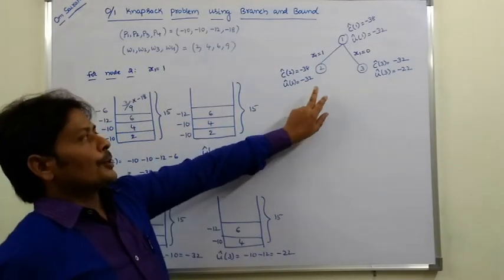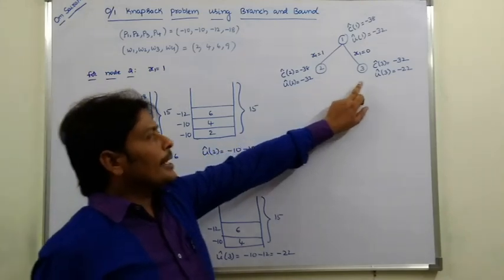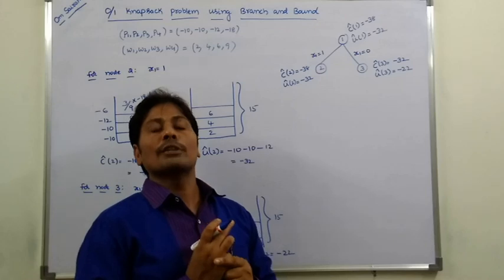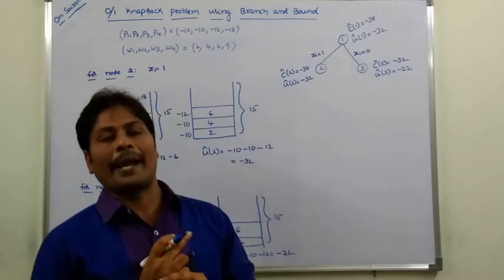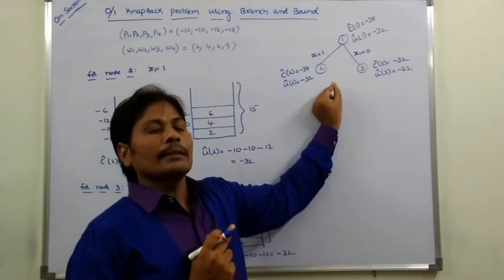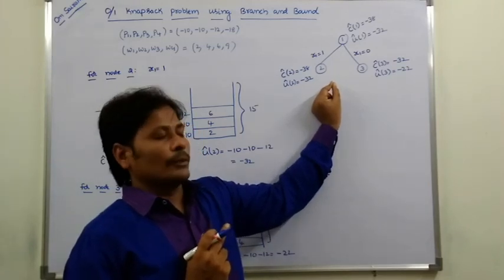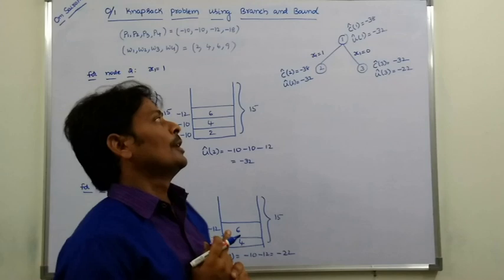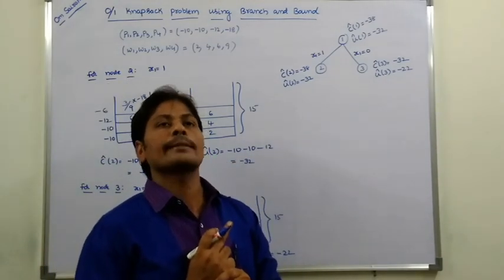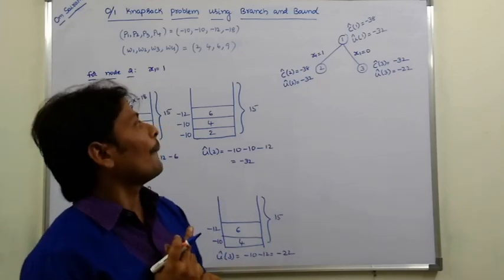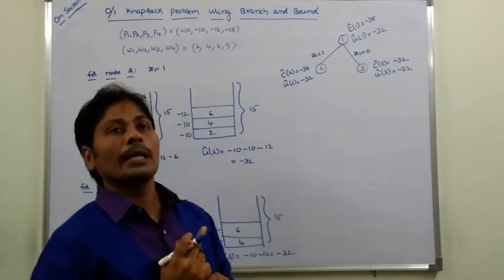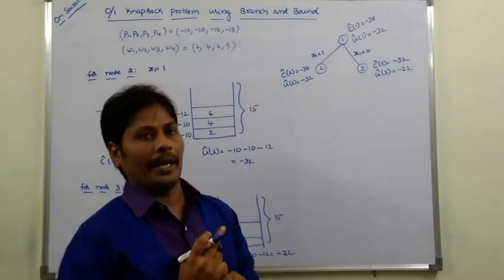Okay. So among these two nodes, vertex 2 and vertex 3, which node has to be expanded? The node which has the minimum upper bound has to be expanded.